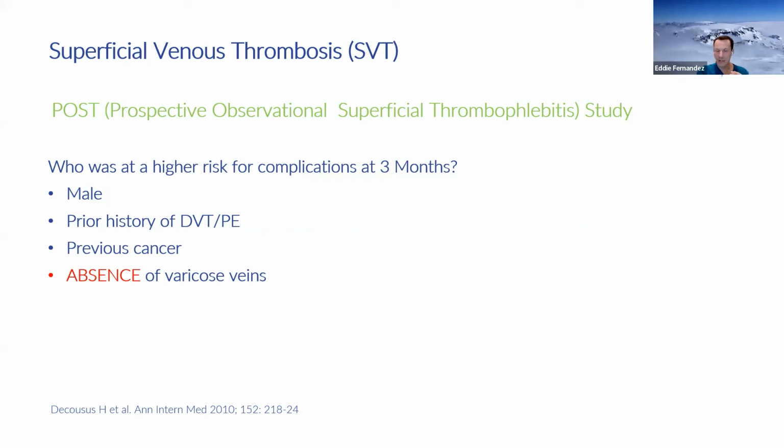But in the absence of them, what we see are patients that seldom develop a DVT without any provoking factors, and we start thinking malignancies. And this is where you have to start seeing these things: previous cancer, male, prior history of DVT, PE. So maybe malignancy, thrombophilia. These patients might not have a varicosity, but they have SVTs. And this should really light up a big light bulb in your head.